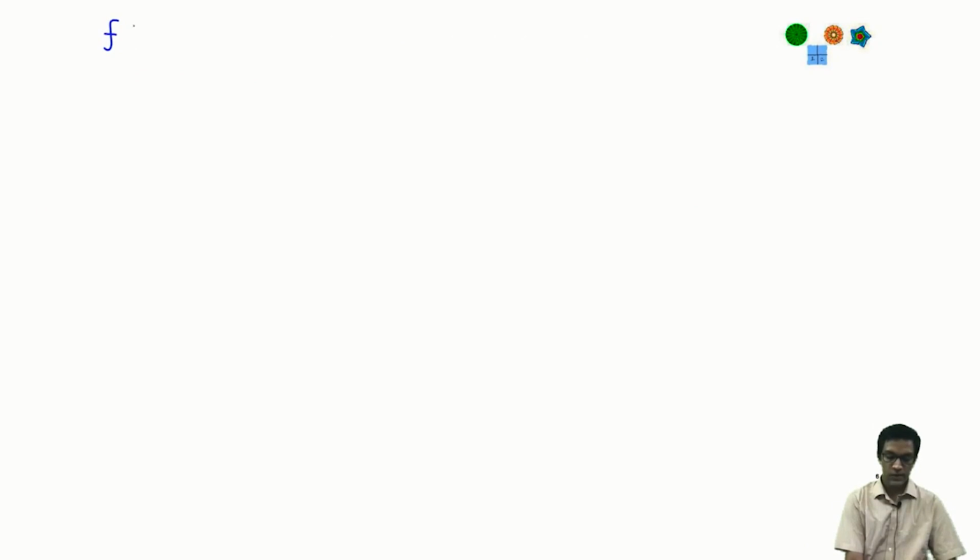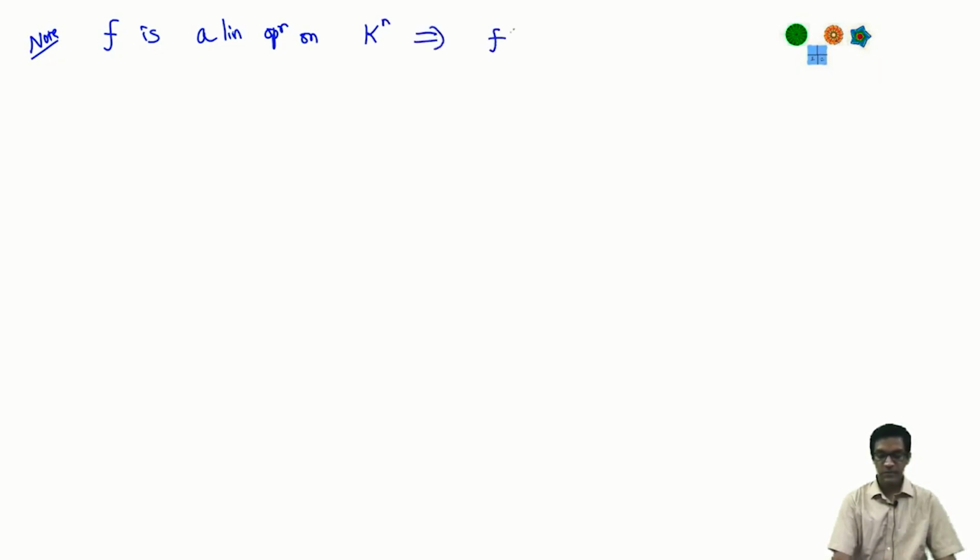Let's use all R. So first, before that, observe f is a linear transformation. So what does a linear transformation or linear operator mean? So observe first, note f is a linear operator on the space of column vectors, it just means that f is given by multiplication by some matrix.